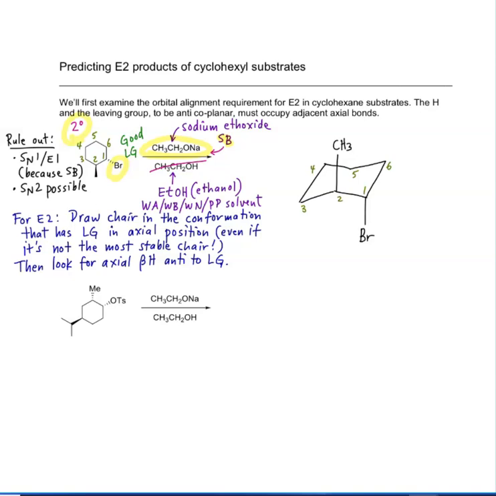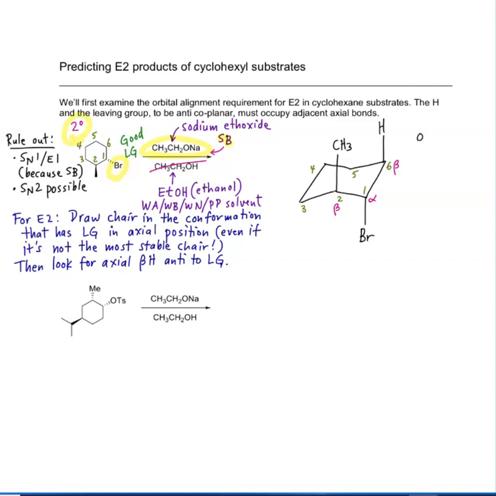Now what we have to do is look for beta hydrogens that are anti to the leaving group. The leaving group is at carbon 1, that's the alpha carbon, which means that carbons 2 and 6 are the beta carbons. At carbon 2, the group that's anti to the bromine is a methyl group, so we don't have any hydrogen there. So the only beta hydrogen is at carbon 6.